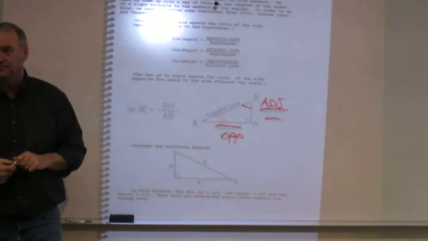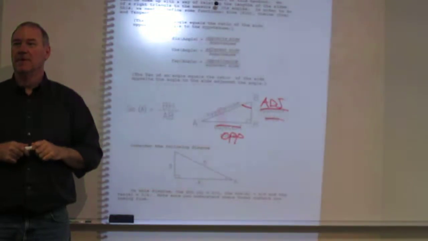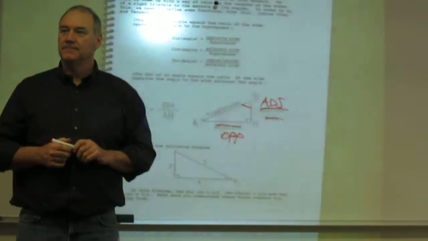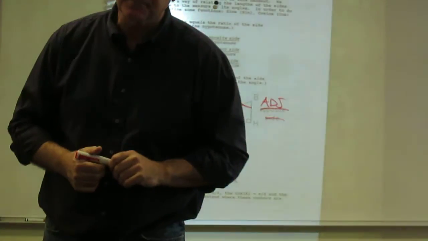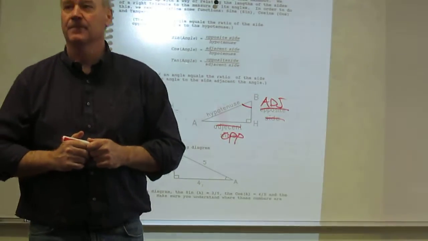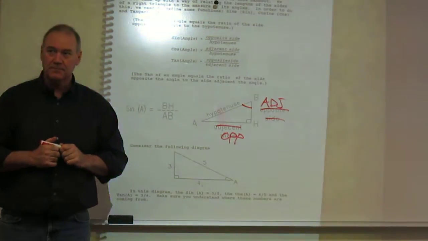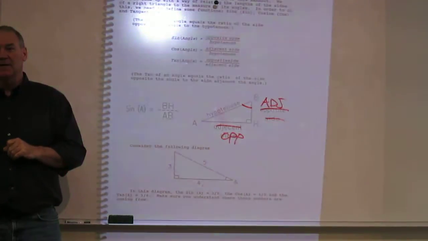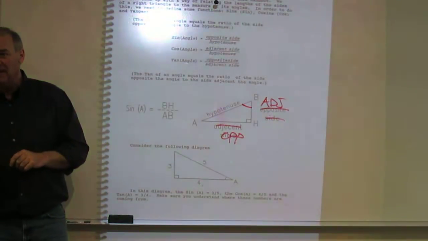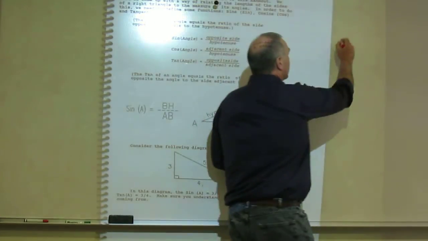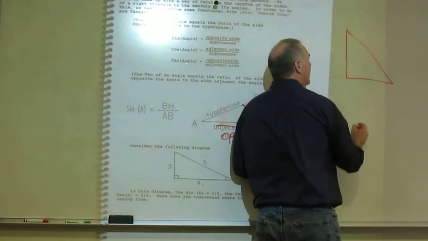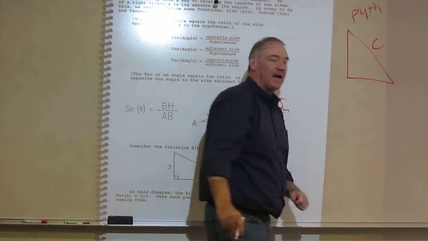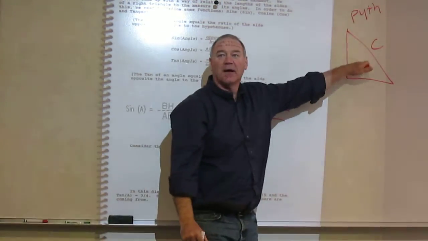The hypotenuse is always going to be the longest one, right? Always. That never changes. The only ones that switch are the adjacent and opposite. That's correct. And adjacent means next to. You might want to think of this in terms of a geometric principle that we talked about last time, where I took a right triangle and used the Pythagorean theorem, where the C was the hypotenuse, and it was always the hypotenuse, right?